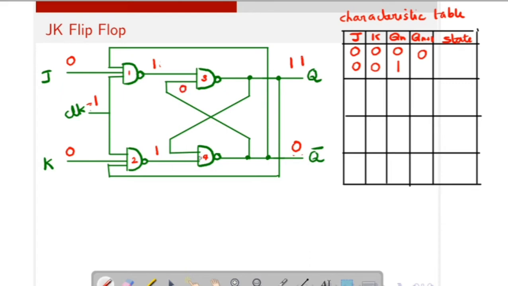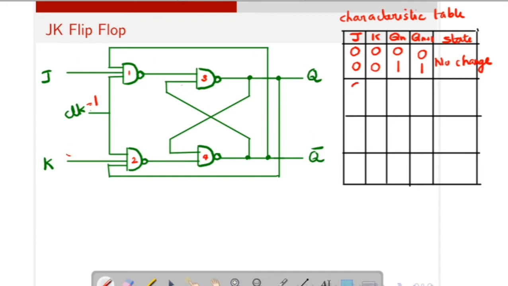For the fourth NAND gate, both inputs are 1, then output is equal to 0. That means when J is equal to 0, K is equal to 0 and present state is 1, the next state is also 1. That means no change, it retains the previous state. When both inputs are 0 for a JK flip-flop, it retains the previous state.